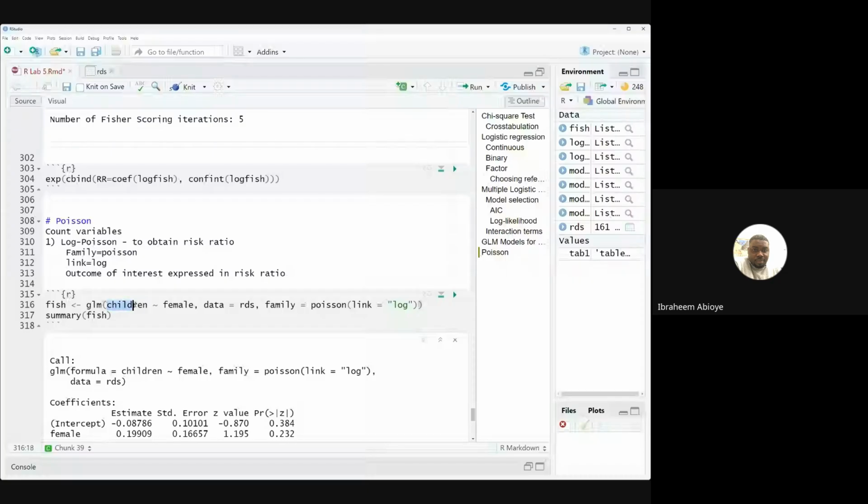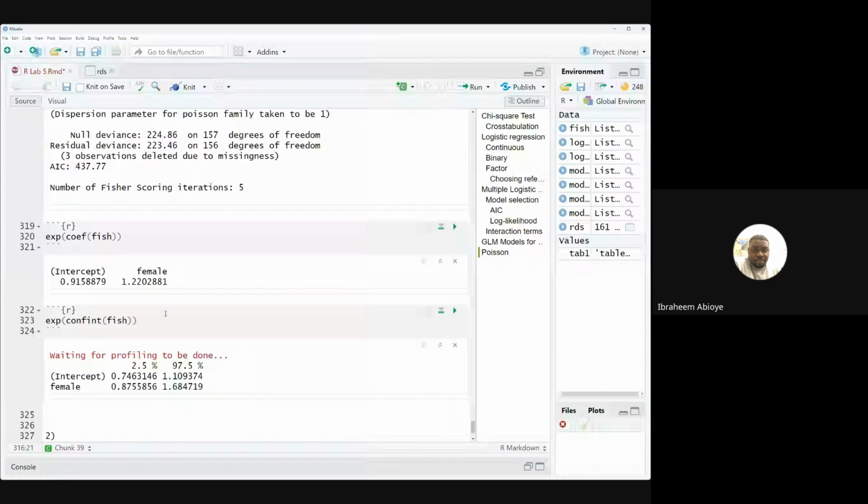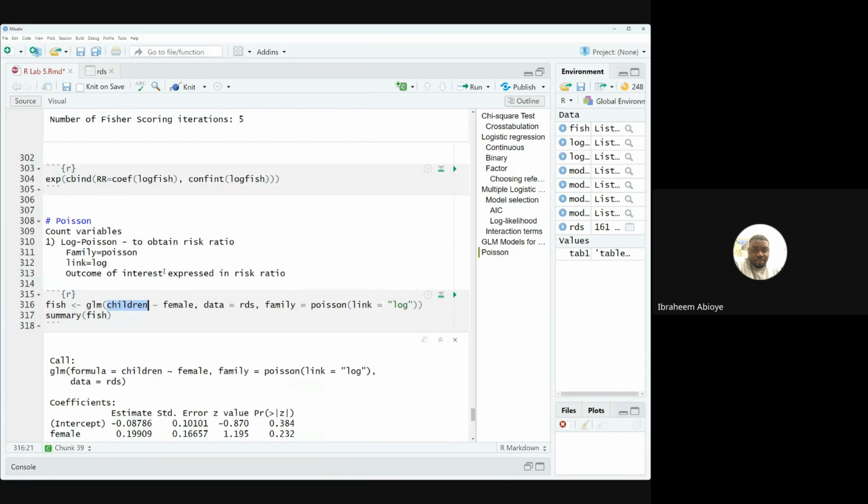Now, this is log Poisson, but do you think that we should have exponentiated to obtain the risk ratio? Do you think that what we're obtaining here is actually a risk ratio? What do we think? Remember that I said that for us to obtain a risk ratio, this has to be a 0 or 1 variable.